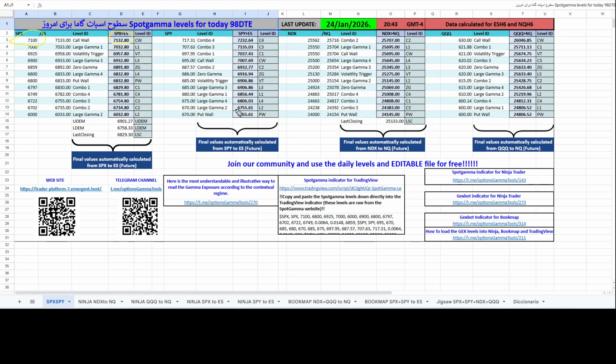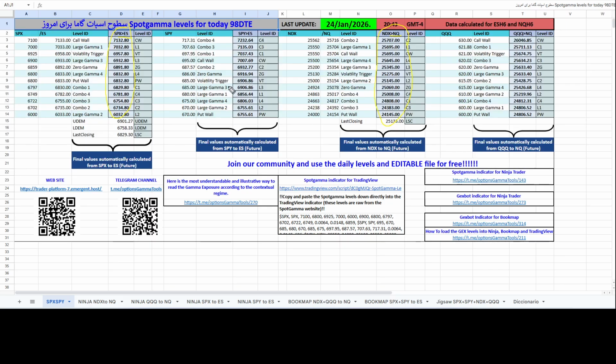This calculation is made too for NDX. I do the calculation for NDX options and transform them into NQ. All this information for NQ and ES is what I load every morning in the NinjaTrader platform.